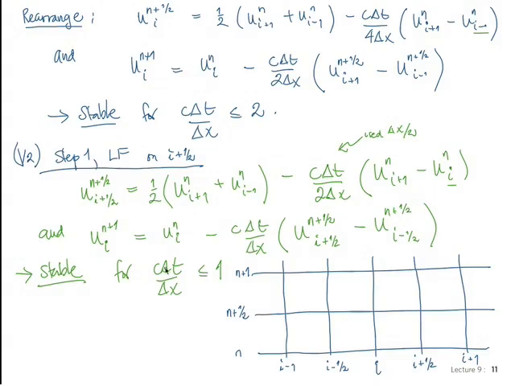We get all the midpoint values for time step n plus 1/2. So all of the midpoint values we get. So from these 2 points we get this one. From these 2 points, we get this one, and so on, all along our mesh. And we're getting the midpoint values here.